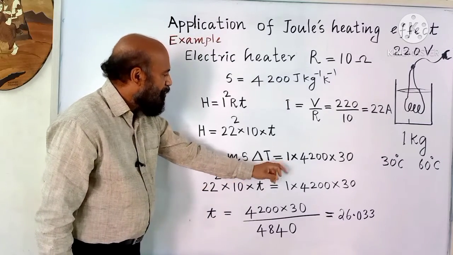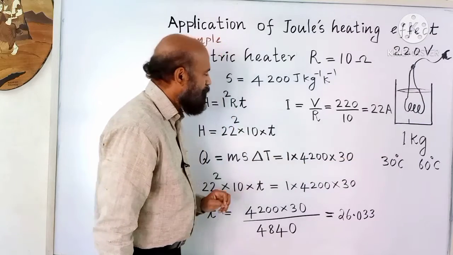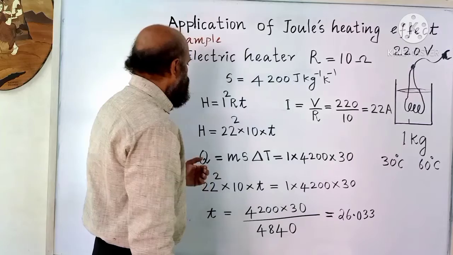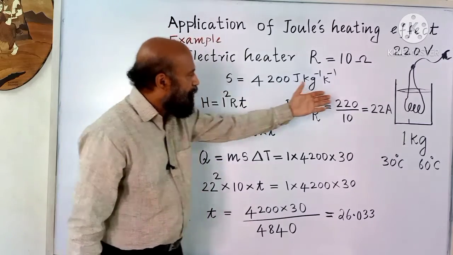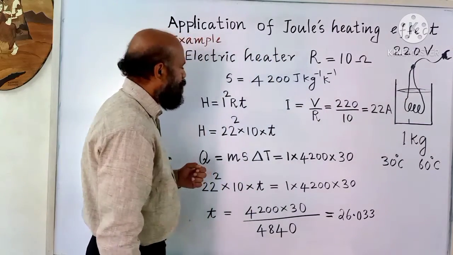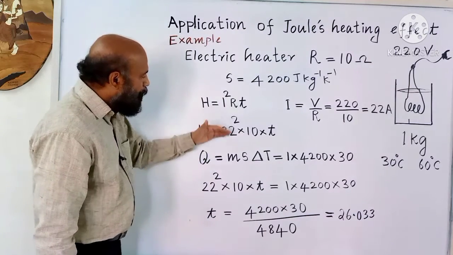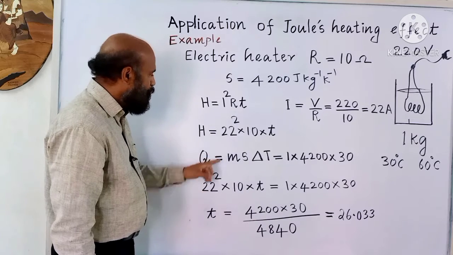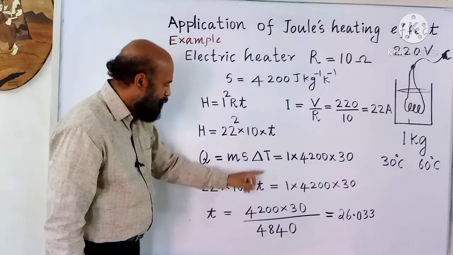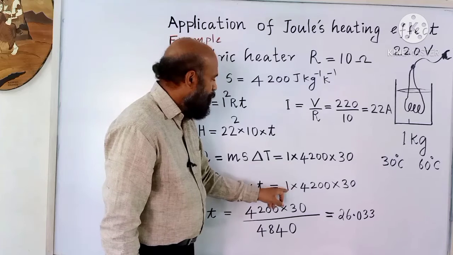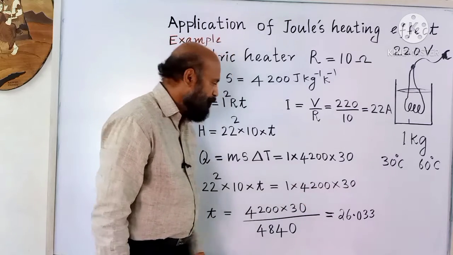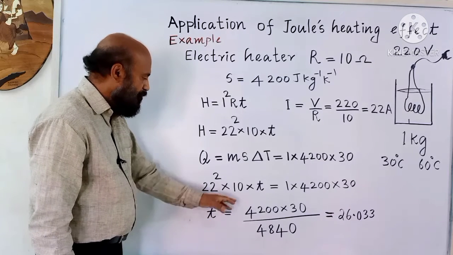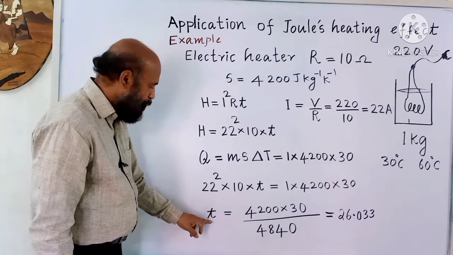So this is the heat required to increase the temperature from 30 degrees to 60 degrees. Now this is the heat produced because of the current passing through the heater. Now you equate it: 22 squared into 10 into t is equal to 1 into 4200 into 30. Rearranging this, we can get the expression for time.